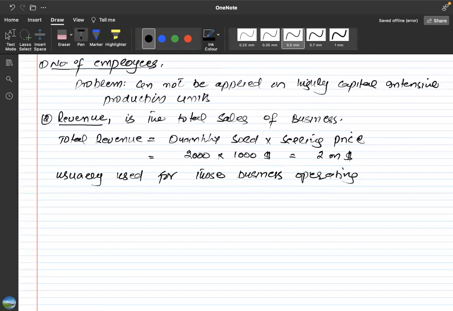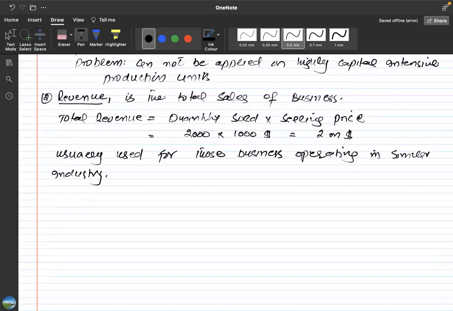I mean, it will be a very good way to measure the size of business when we are comparing the size of Audi and BMW or Mercedes, for example, because they are operating in the similar industry. But it will be difficult to measure the size and compare the size of business in different industries. For example, it won't be possible to measure the size of a chocolate seller in comparison with the Audi or a BMW.